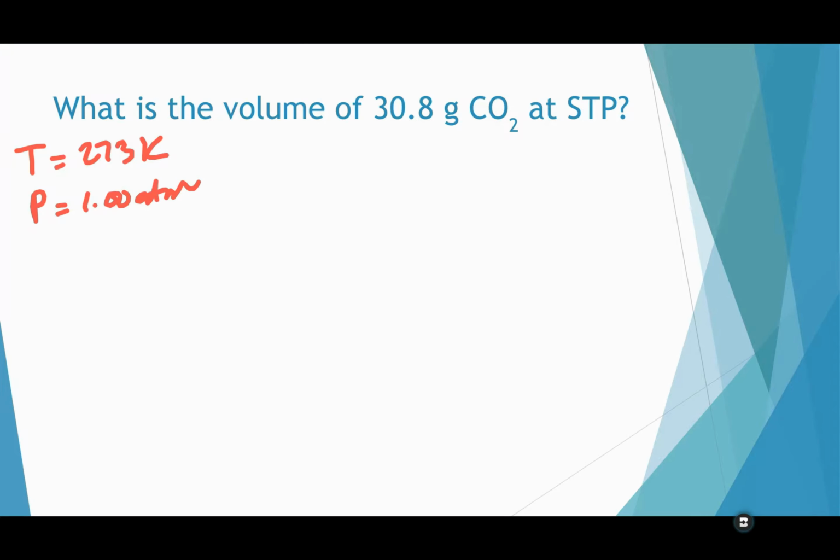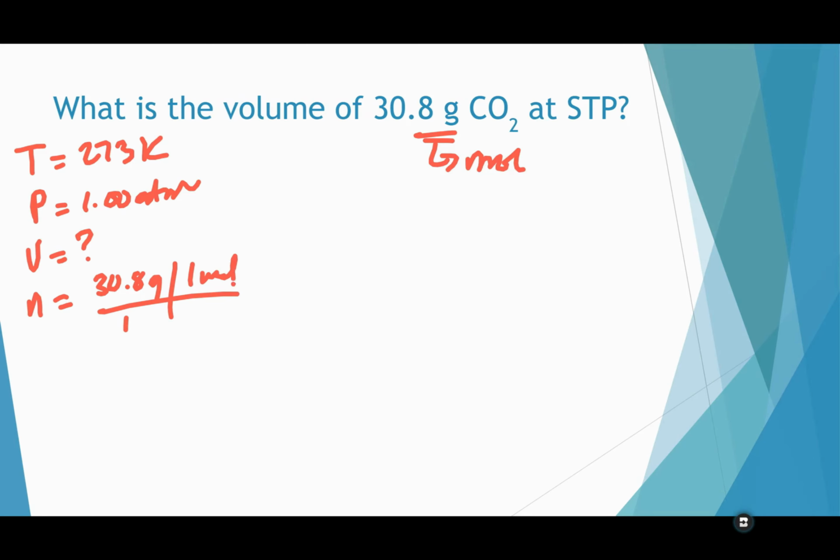We have a volume that we're trying to find. Notice we have grams, so what can we do with grams? We can convert this over to moles. So it's going to be 30.8 grams divided by 44.01.